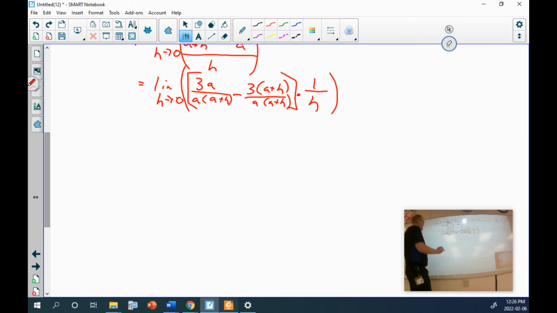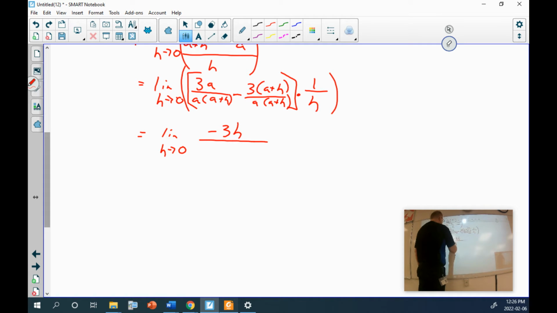When I simplify this top, as h approaches 0, we have 3a minus 3a. Oh, that disappears. So we have 0 minus 3h, so we have negative 3h there. On the bottom, we have a plus h, and then times 1 over h.